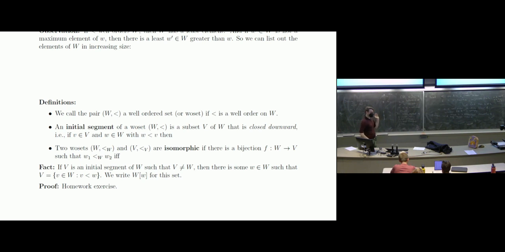It's not Swiss cheese, it's like cheddar. There you go. Connecting with the students through the lens of cheese. So an initial segment of a woe set is the set which is closed downwards. So in this picture here, that is an initial segment, right? But if I take W0, W1, W2, and W infinity, that's not an initial segment, because there's holes between things, okay?